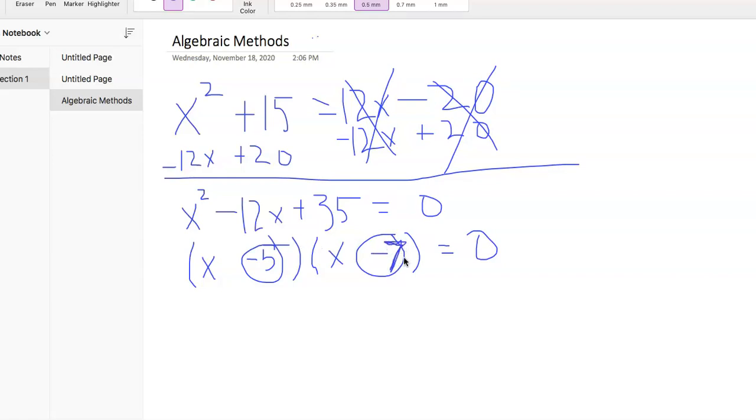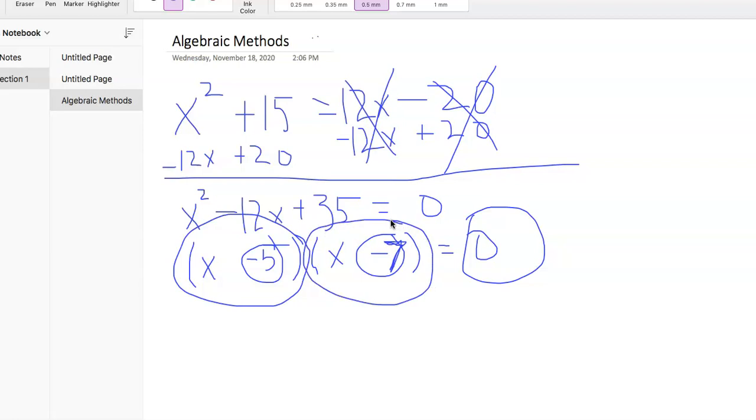Okay, and so the solution was 0, right? This is 0 right here. Okay, so now we have x minus 5 times x minus 7 equals 0. And then what we're looking for is, what number for x will make this first thing 0? What number for x will make the second thing in the parentheses 0, right?